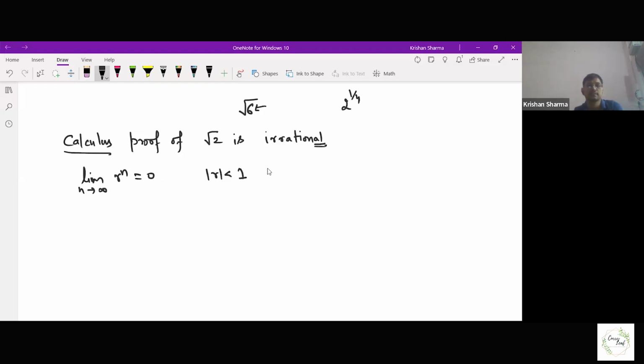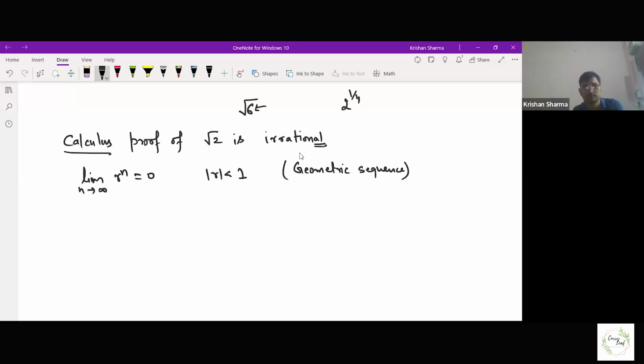Most of you know that if you have a sequence r raised to power n, it will go to 0 if the modulus of that number is less than 1. And if you don't know that, that's okay, because there is another thing you definitely know: it's nothing but a geometric sequence.